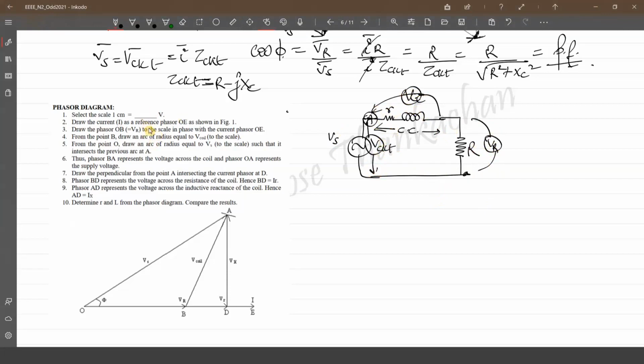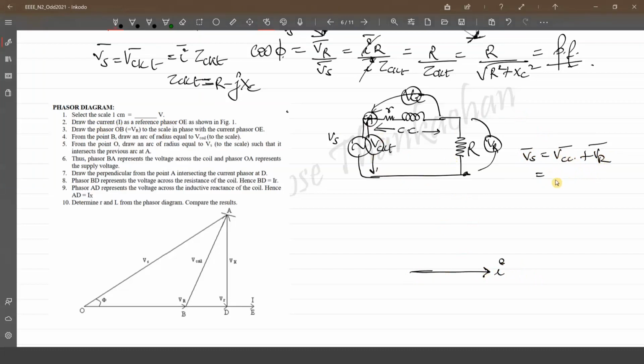So here also you can draw the phasor diagram, taking any scale depending upon the reading value. What will be the phasor in this particular case? Again, we take current I as the reference. And what is KVL in this loop? Vs is equal to V choke coil plus VR. We had done all this in the A part.